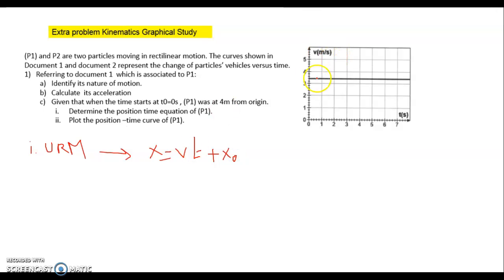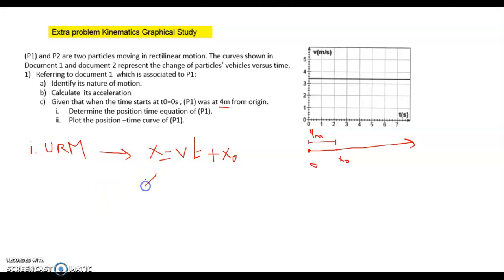V is obtained graphically and x0 is given. So if this was the origin, it started moving from this point, which I'm going to call x0, such that x0 is 4 meters away from the origin.